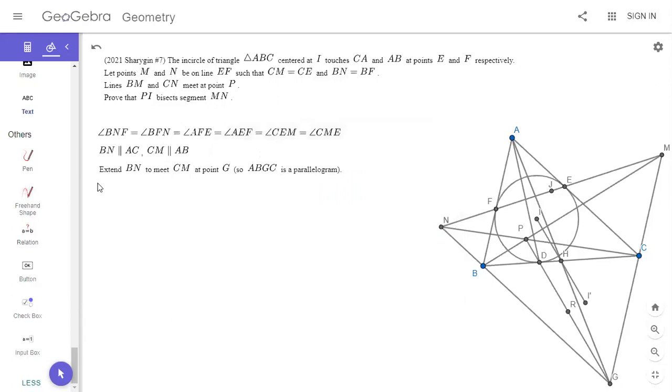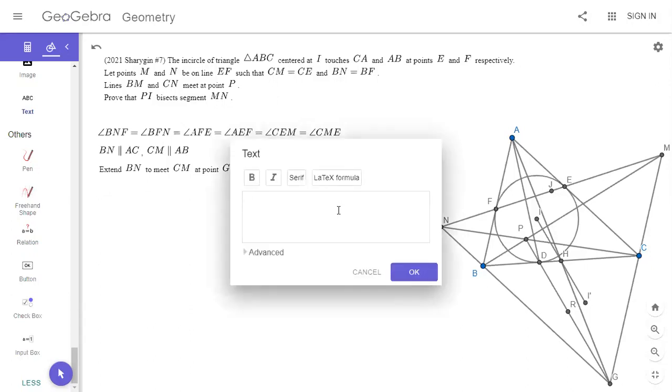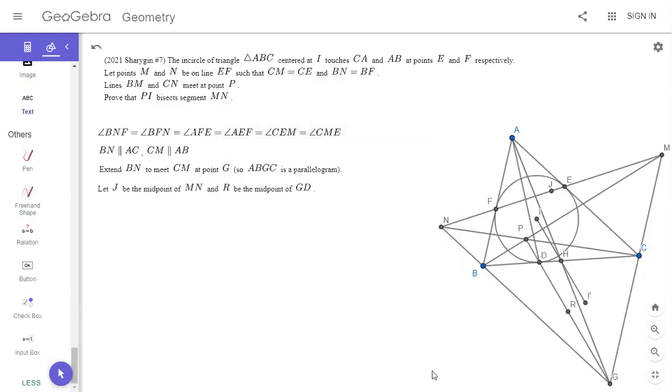Let J be the midpoint of MN and R be the midpoint of GD. All right. Okay. Let I prime be the reflection of I over H.